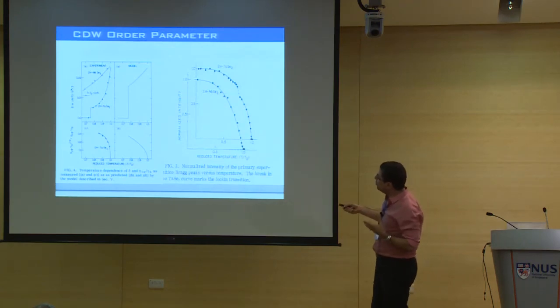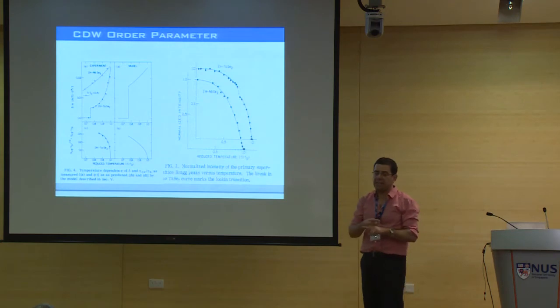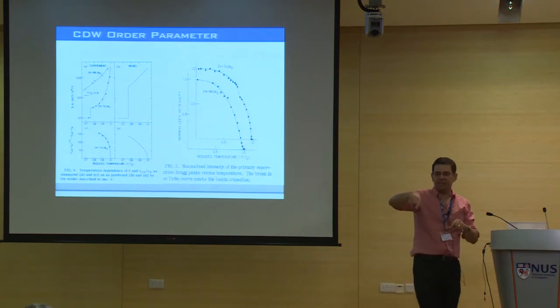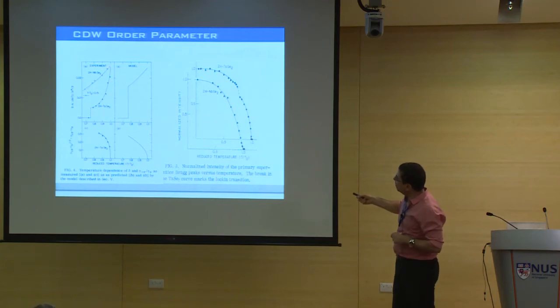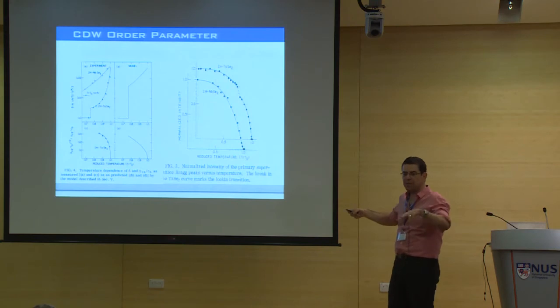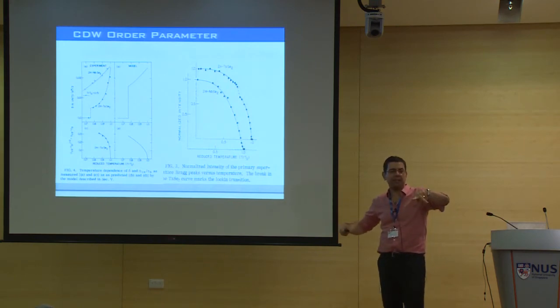So just to explain to you, this is the relative phase between these wave vectors. Okay? In an incommensurate charge density wave, you always have a phase difference, which means that these 3 distortions are not locked in with each other.